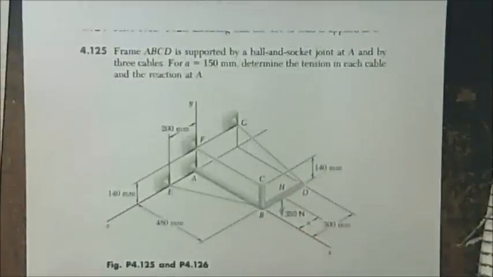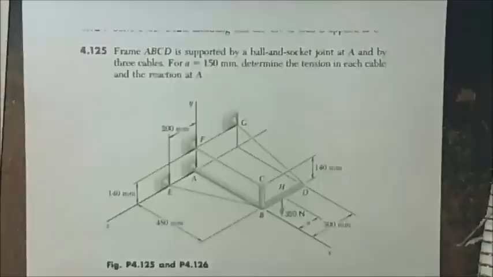Okay, in 3D, we take the moment about a line by mentally grabbing a hold of the line with the right hand, and pointing our fingertips in the direction of the rotation. And the thumb will point along that axis in the direction which will give us the sign, either positive or negative, of that moment.